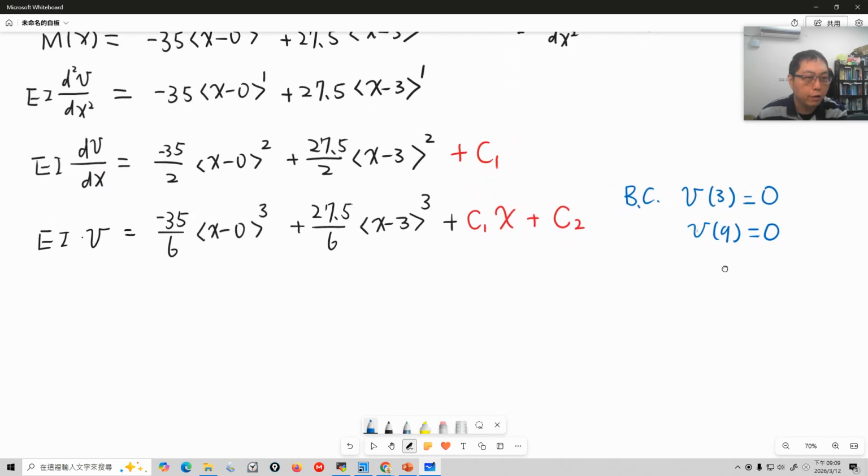So we put this boundary condition in there. What we have is EI v, if I put x equal to 3 in there.